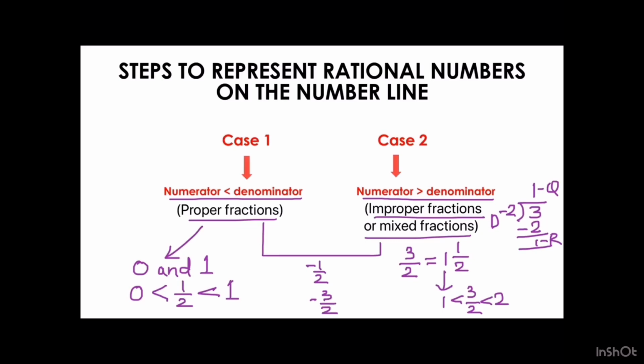In minus 1 by 2, the numerator is less than the denominator, so we will consider that under proper fractions. And in minus 3 by 2, the numerator is greater than the denominator, we will consider that under improper fractions. So, minus 1 by 2 will lie between minus 1 and 0, and minus 3 by 2 will lie between minus 2 and minus 1.